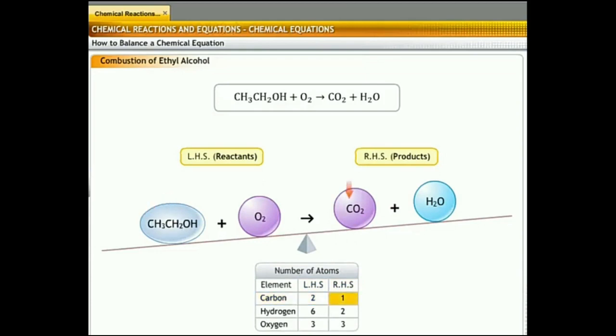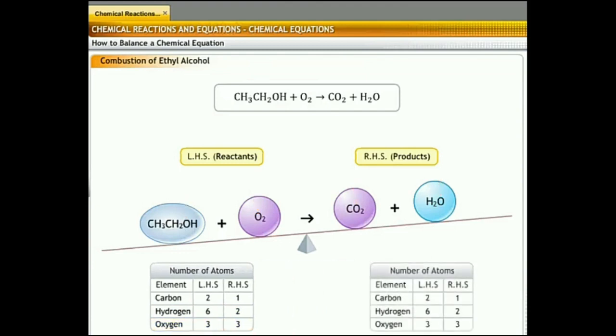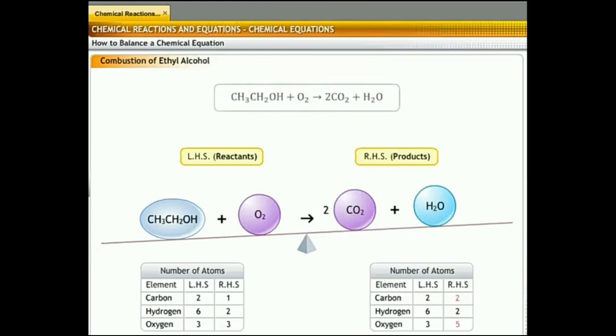How to balance, you all know, but just for a recapitulation, first we need to count the number of atoms on both sides, left hand side and right hand side. How many carbon atoms are there on the left hand side, and how many carbon atoms on the right hand side. Now we compare left and right hand sides. Accordingly, multiplying with a whole number, we get a balanced equation. First, to make an equal number of carbon, we multiply carbon dioxide with 2.